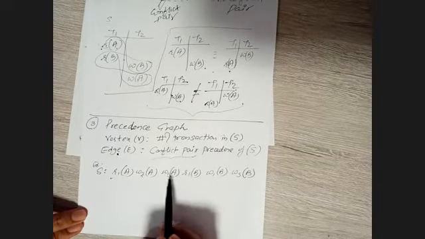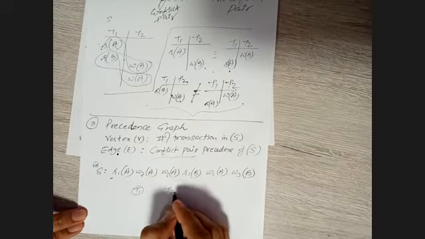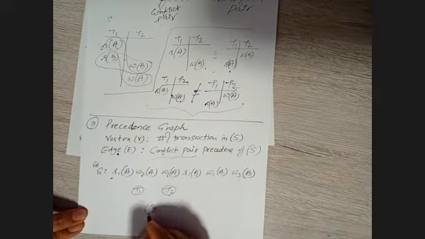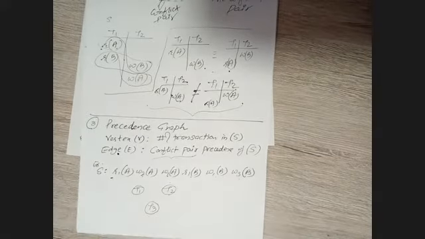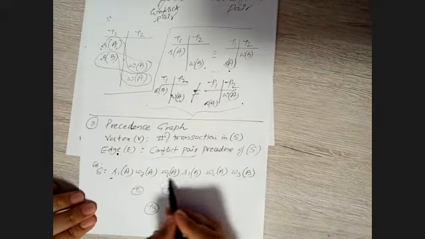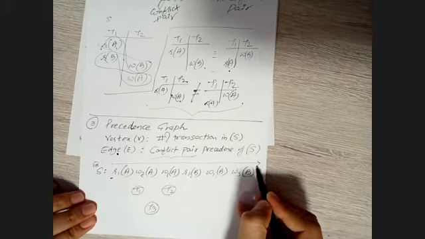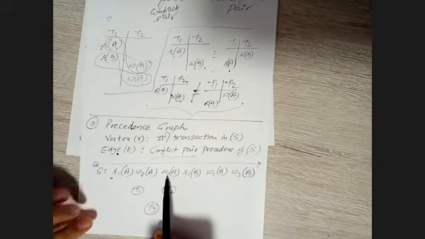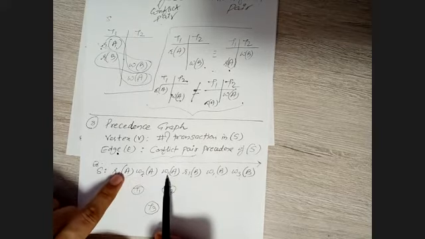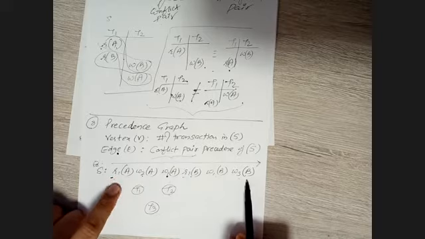Identify the highest value: 1, 2, 3, three transactions. Now we need to identify the edges between the vertices. Always remember, we will always move in the forward direction. When we are at an operation, we will not take care of what we have left behind. We will see only the forward-direction operations.